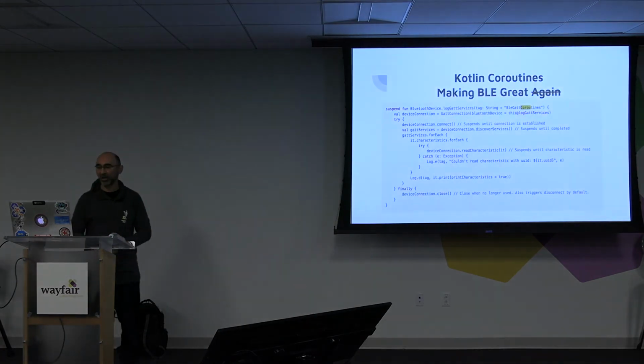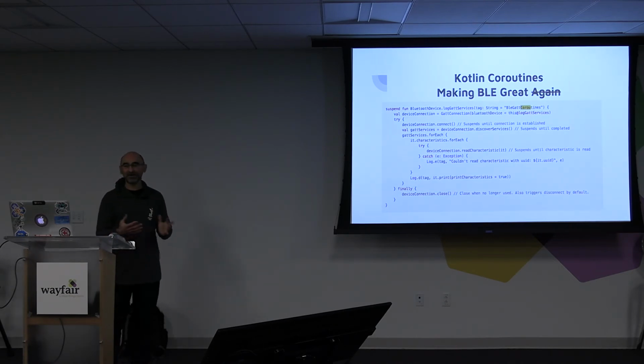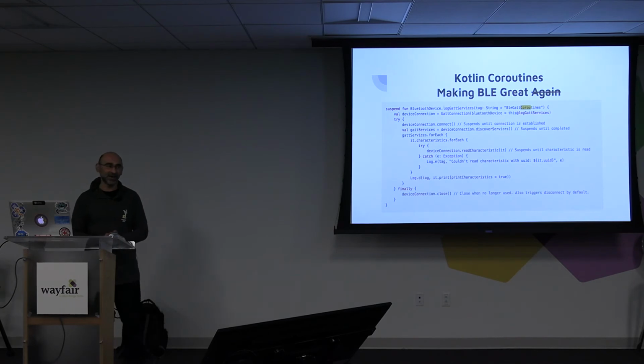One of the other things that was an absolute nightmare was working with Bluetooth Low Energy. Now that Kotlin coroutines are here, we can easily call our connect to our GATT server. And again, we're thinking, writing, and debugging sequentially, and through compiler magic we're able to run this not on the main UI thread and generate a network thread. I don't know if you have done BLE programming on Android in the past.